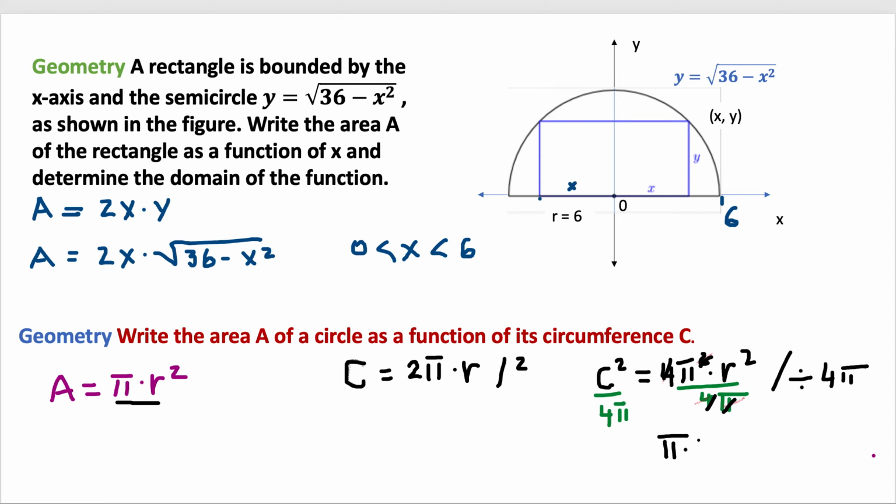Pi times r squared is obvious. And what's happening with this pi r squared? It's going to be C squared over 4 pi.